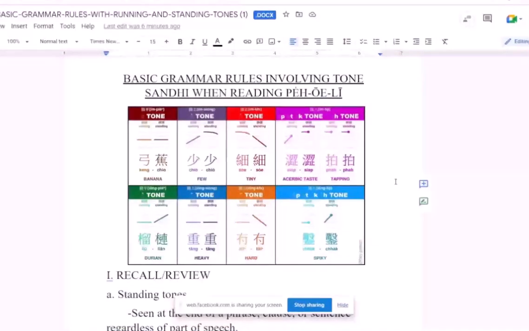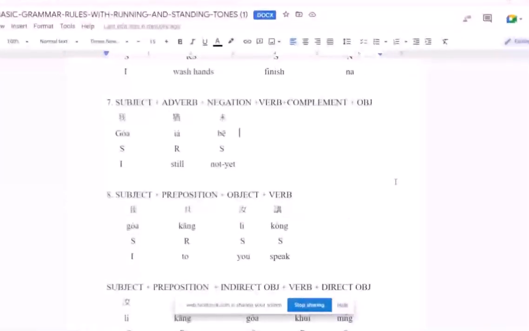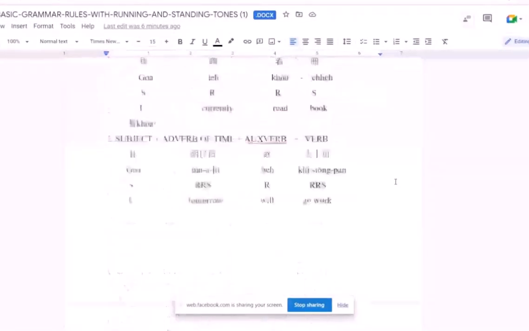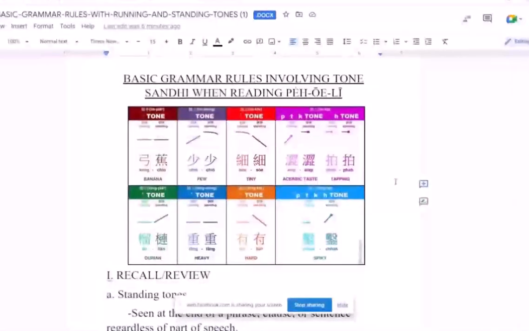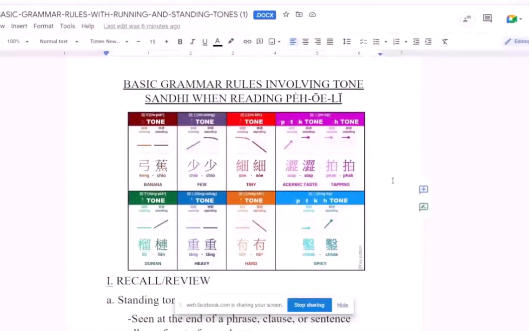So at least now we gave you an idea when to use the running, standing, and the neutral tone. Yeah, exactly. This is a guide on how to speak like a native speaker. It's more like a cheat sheet, like we're showing you the magic behind it, how it works.